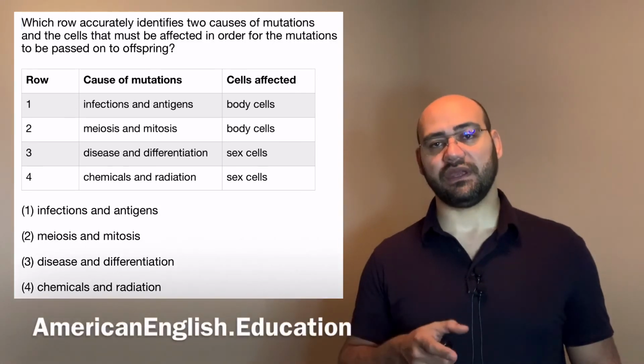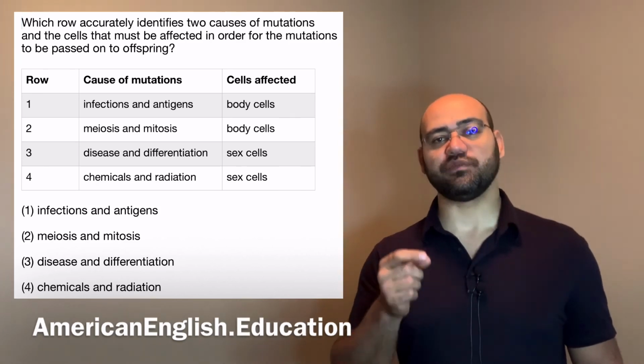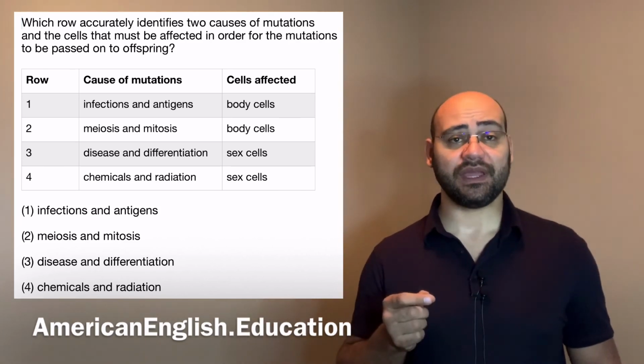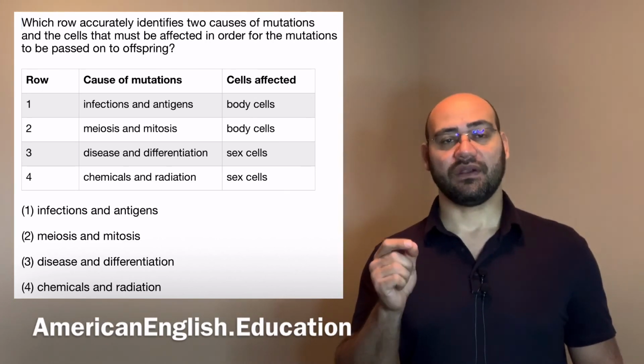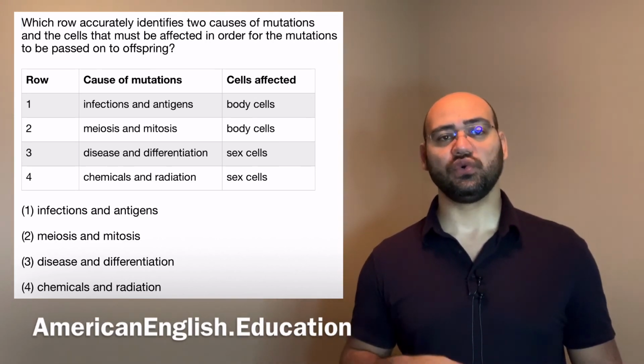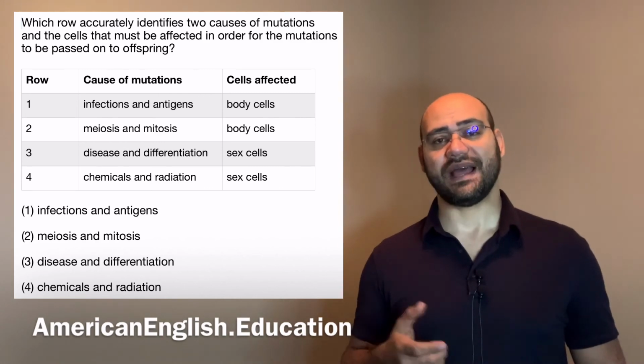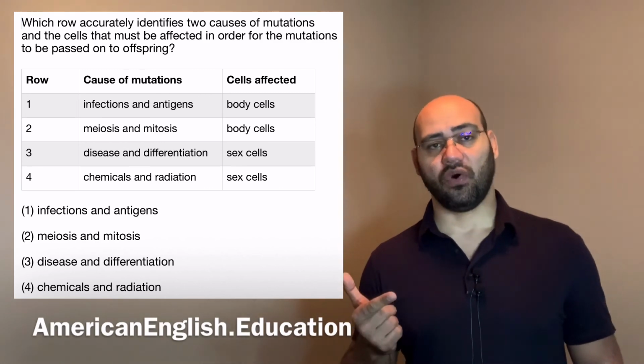The moment you hear mutations to be passed on to offspring, I want you to automatically think of sex cells. Right away, that eliminates 2 out of 4 options. So now we have 3 and 4 to work with.